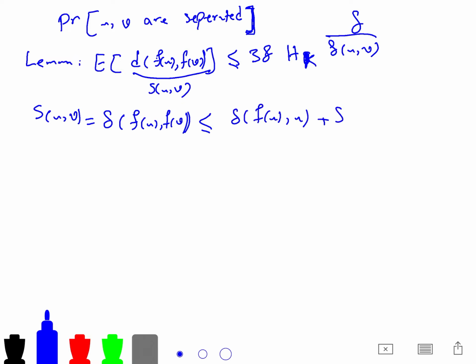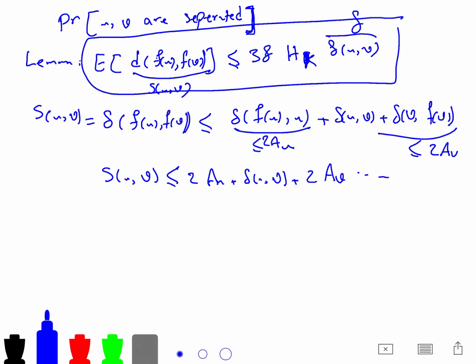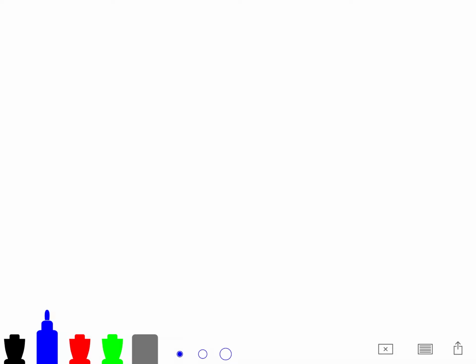So this is delta F of U and U plus delta U and V plus delta V and F of V. And because this is less than 2AV, this is less than 2AU, S of U and V becomes less than 2AU plus delta U and V plus 2AV. You can use all of these cases to prove that this holds. So it's a very simple proof.